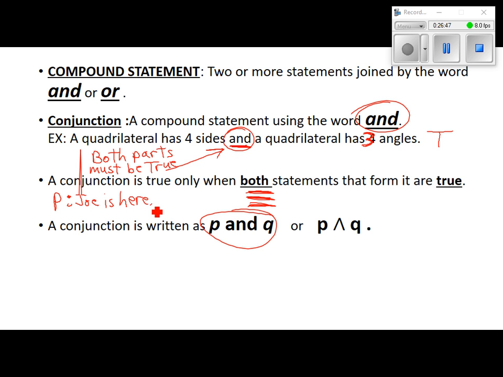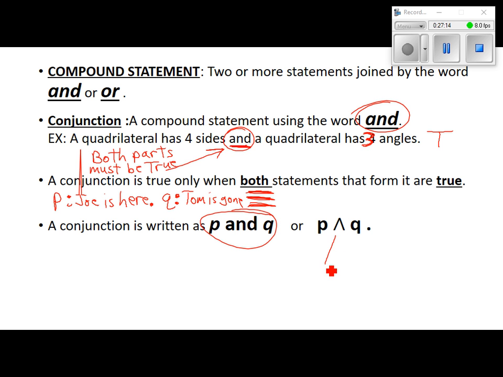Who knows? Just making up something. And statement Q might stand for Tom is gone. And then you'll have to write out a sentence using the word and, where you'll say Joe is here and Tom is gone, and then decide whether that statement is true or false.